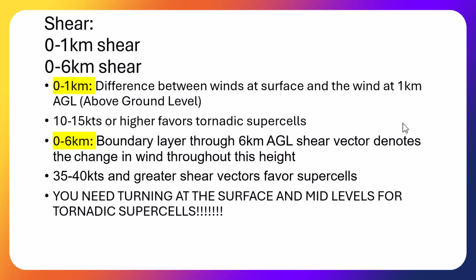You need turning at the surface and the mid levels for tornadic supercells. So you need turning at the 0 to 1 kilometer level, and you need turning at the 0 to 6 kilometer level. You need high, favorable shear for tornadic supercells in severe weather, just in general.